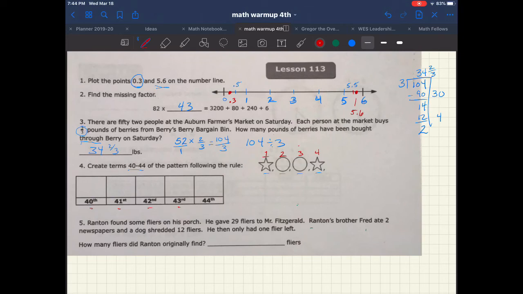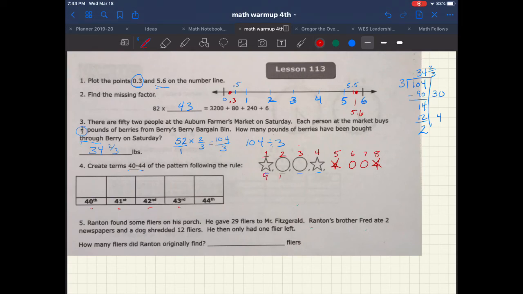But I think we could work this out a little bit more. So the pattern's going to repeat star, circle, circle, star. So it would go again, star, circle, circle, star, which would be 5, 6, 7, 8. And I know 8 times 5 is 40, so this line should repeat 5 times.